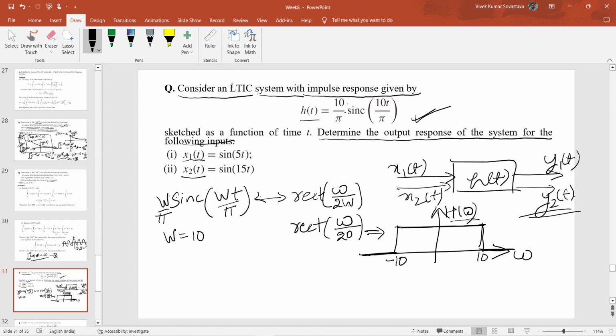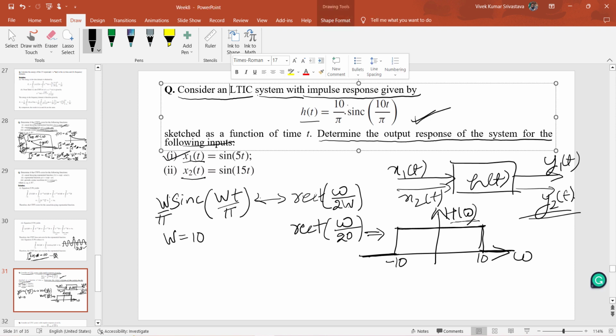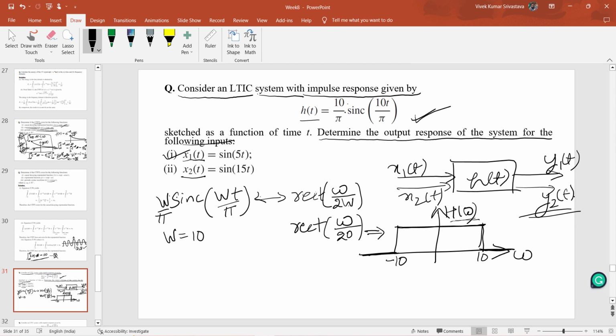Now we can find the value of X1 of omega. By using the convolution property, we can easily multiply this H of omega with X1 of omega so as to evaluate the output response of this system. So let us now evaluate what the value of X1 of omega will be.